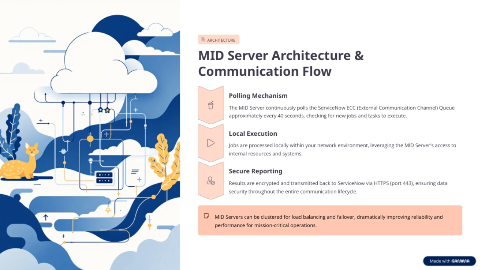Finally, the mid-server continuously polls the external communication channel, or ECC, approximately every 40 seconds. It checks for new jobs or tasks that need to be executed, ensuring that operations keep running smoothly and promptly. In summary, this architecture is designed to provide a secure, reliable, and efficient way to manage and execute tasks within your environment, all while maintaining strong communication with ServiceNow.